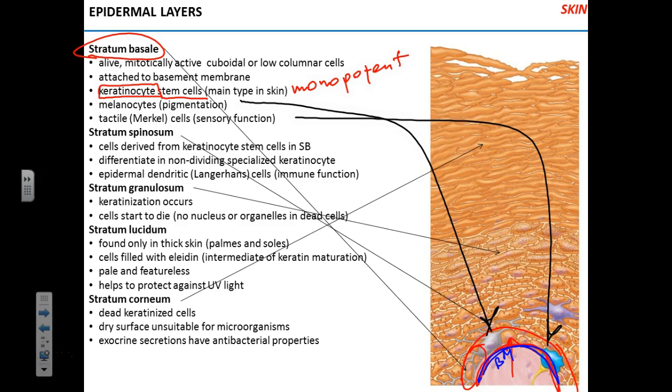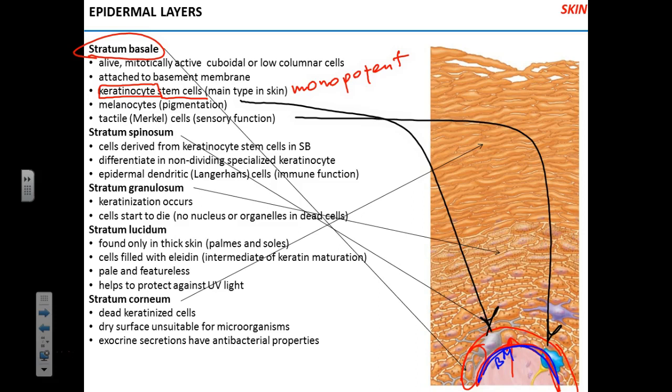Merkel cells sense light touch, pain, and chemicals. They're jacks of all trades, actually. So for stratum basale, know that keratinocytes are live, mitotically active cells, and that Merkel cells and melanocytes are in this layer.